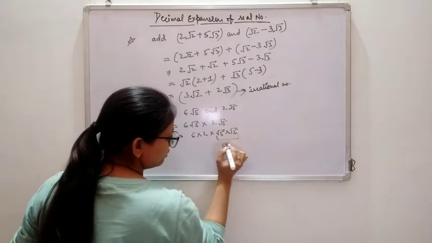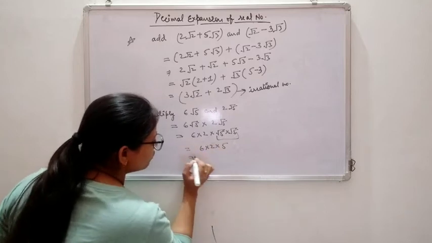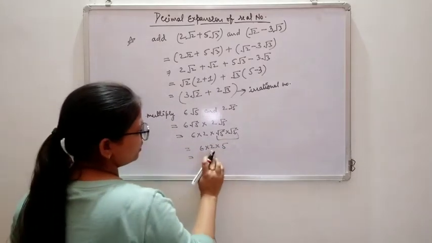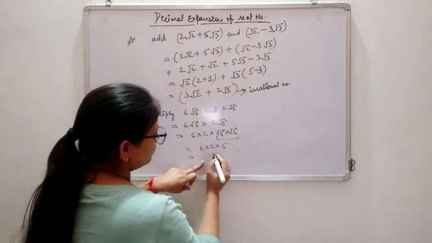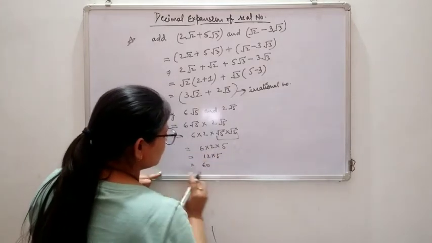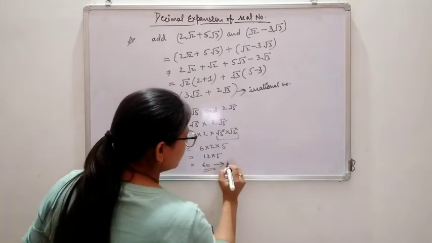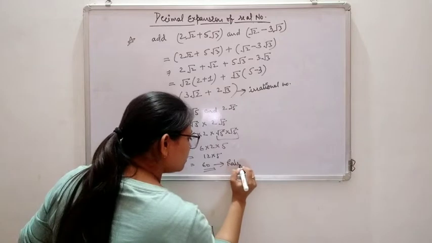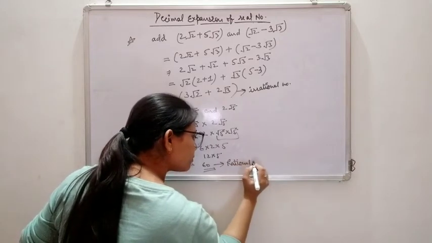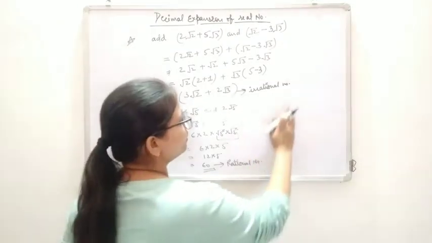This will give you 5 and 6 multiplied by 2, right? So what will be the answer? 6 multiplied by 2 is 12, and 12 multiplied by 5 will give you 60. Alright, so this is a rational number. Clear?